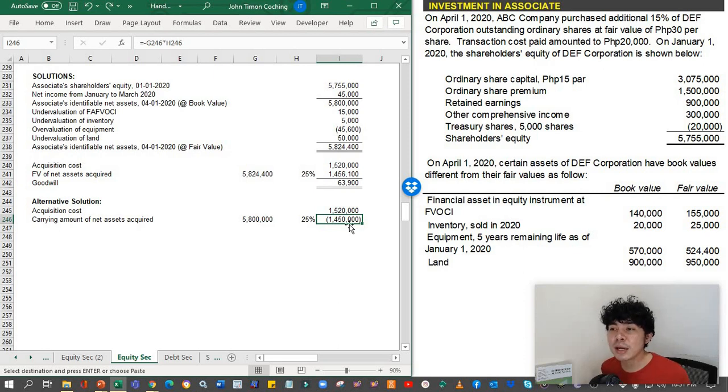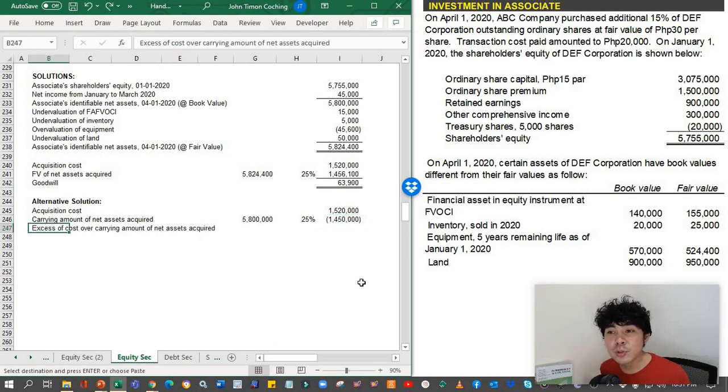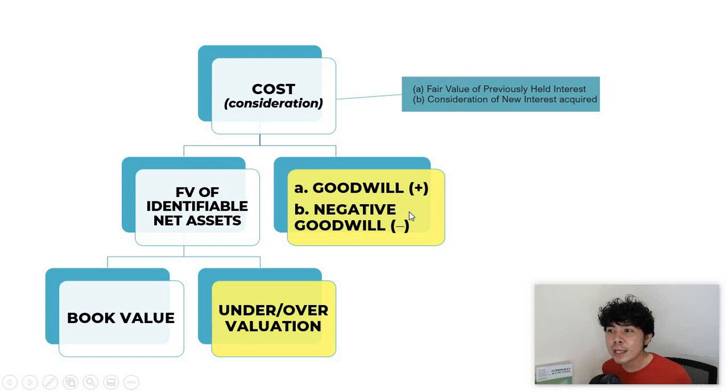So, ngayon, after nyan, ide-deduct natin yung dalawa. Yung difference ng dalawa is yung tinatawag nating excess of cost over carrying amount of net assets acquired. So, magkano yan? 70,000 pesos. So, itong 70,000 pesos na to, again, ang tawag dyan is the excess of cost over carrying amount of net assets acquired. At ito yon yung nakakulay dilaw.